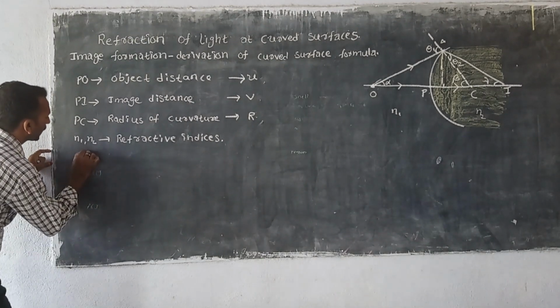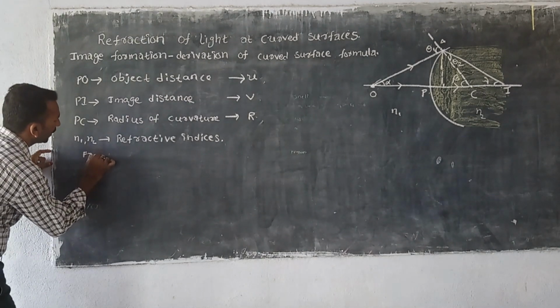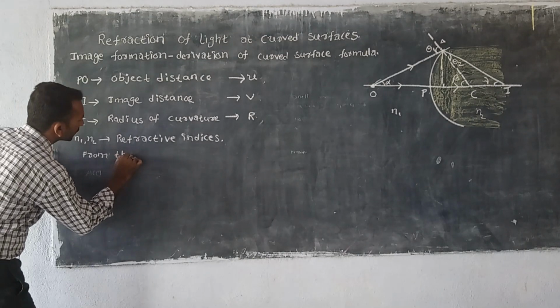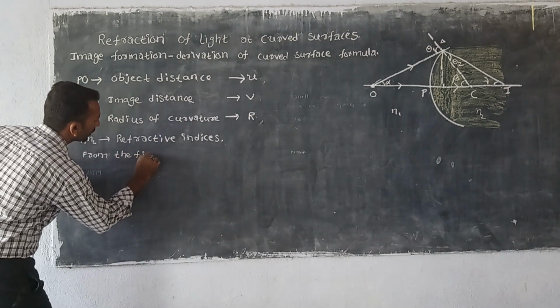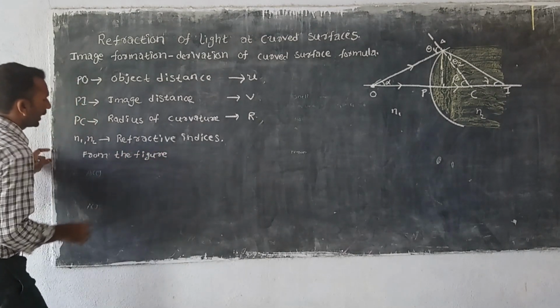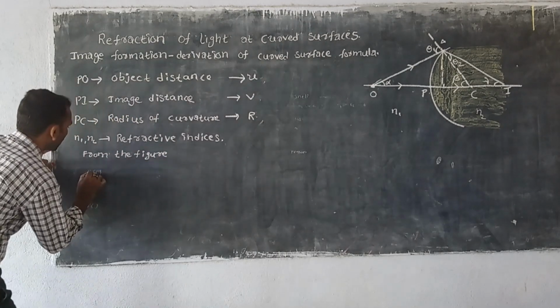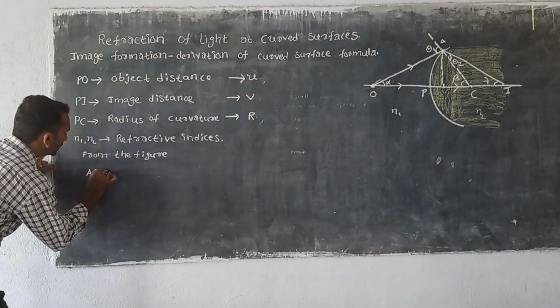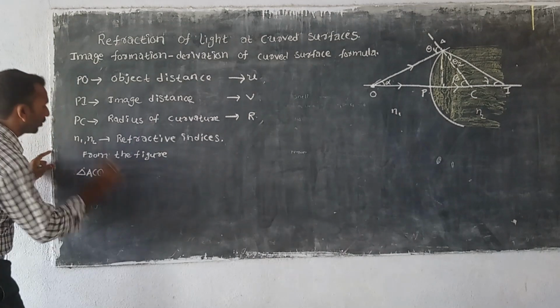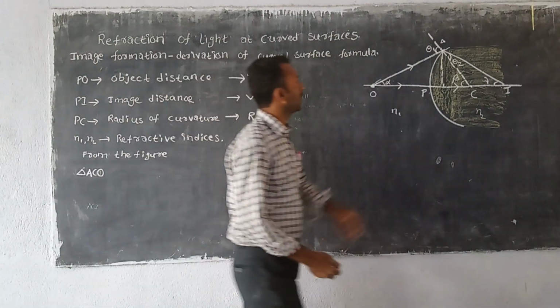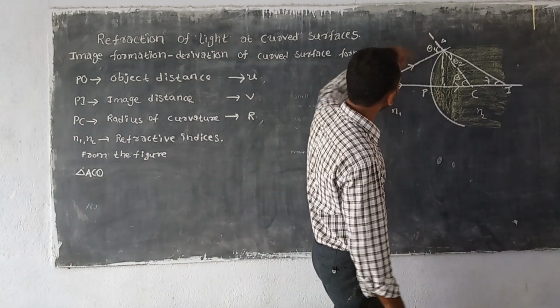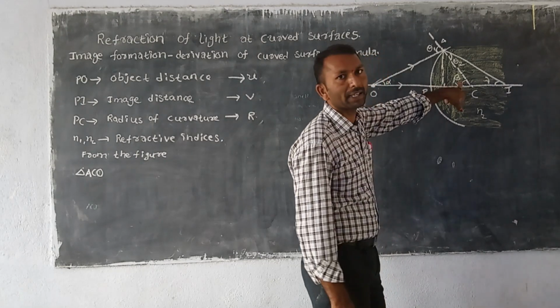From the triangle ACO, we can observe that angle theta 1 is here, angle alpha is here, and angle beta is here.